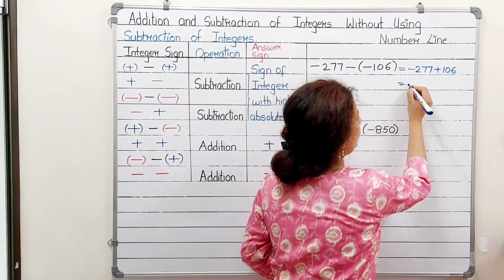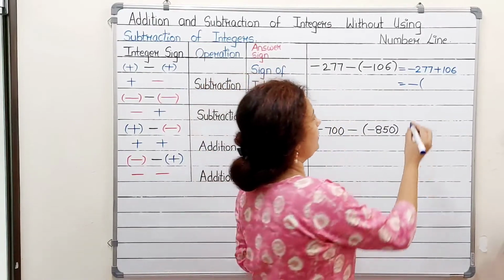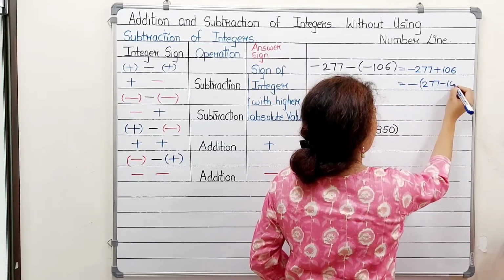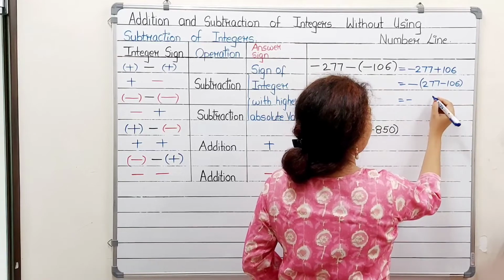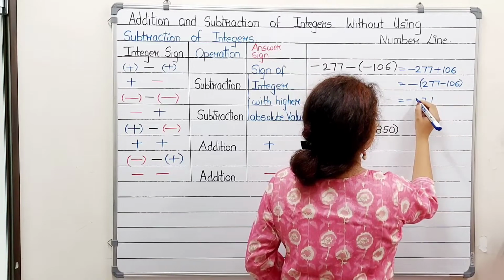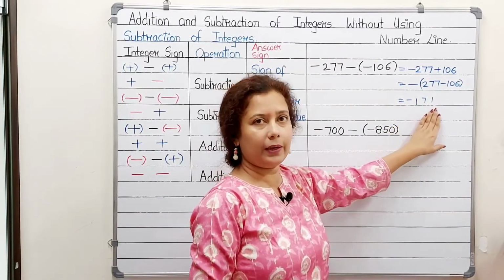So answer will have a negative sign and we will subtract the absolute values. So here 277 minus 106. We will give the negative sign and subtract the absolute values. And the final answer is minus 171.